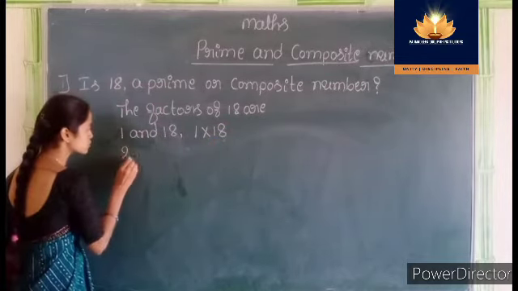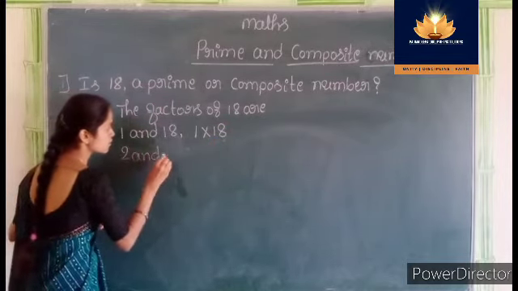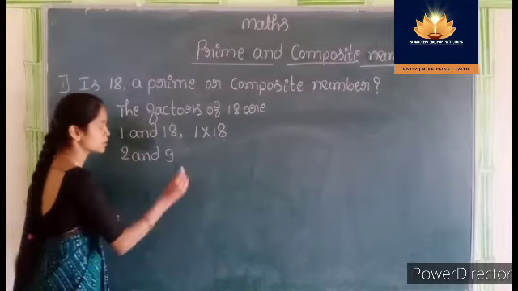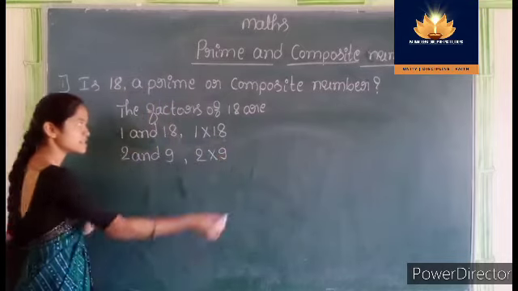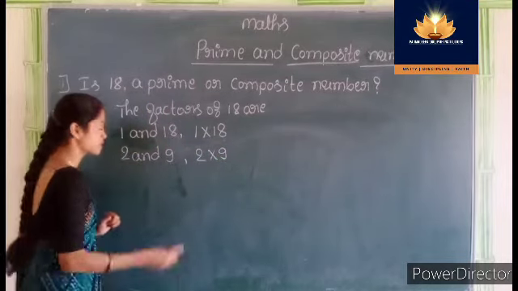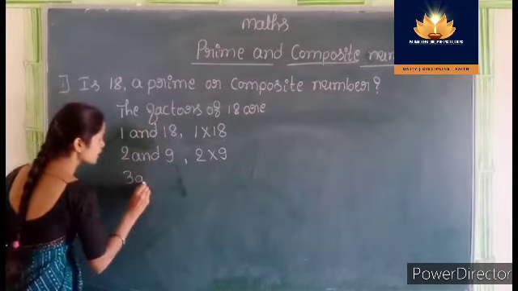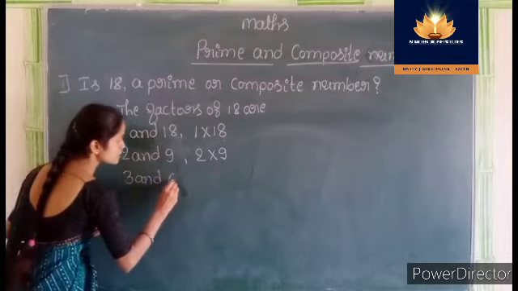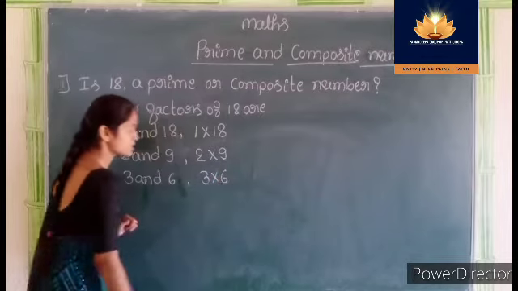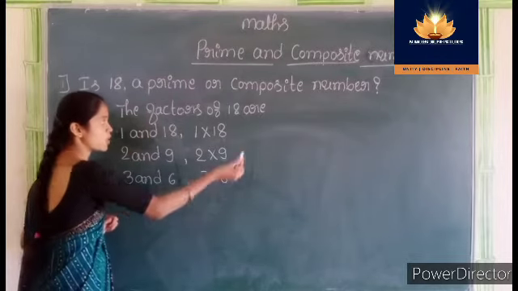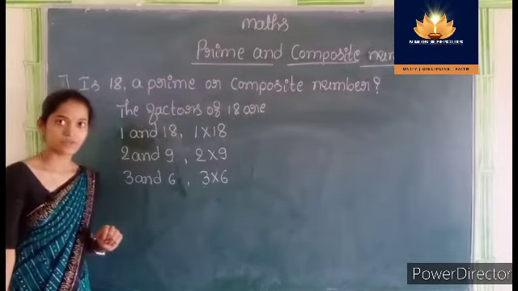Then 2 and 9, because 2 into 9 is 18. Then 3 and 6, because 3 into 6 is 18.